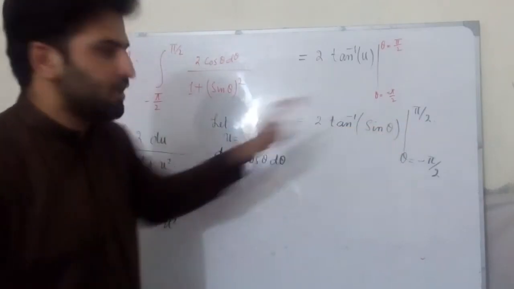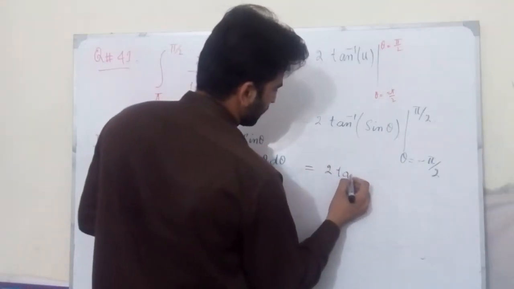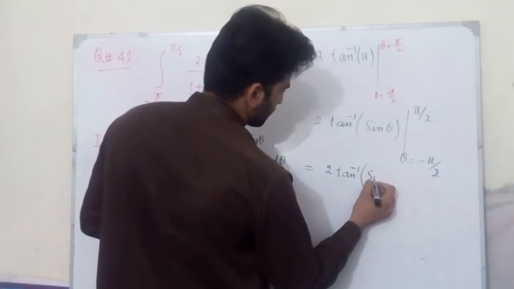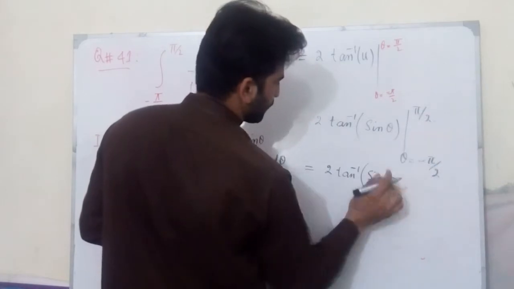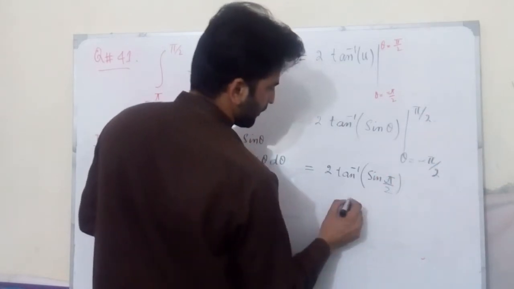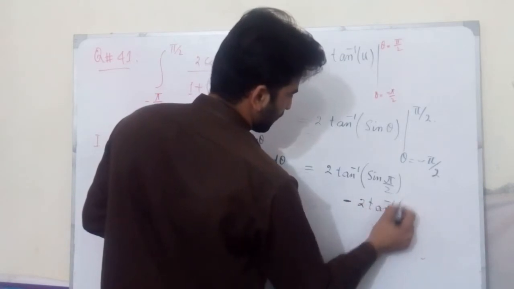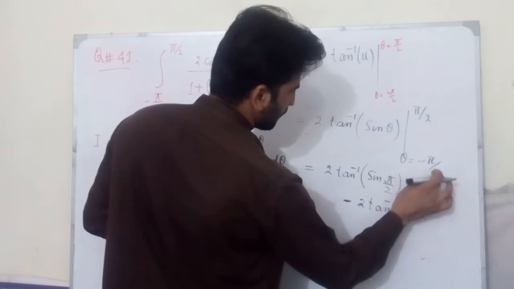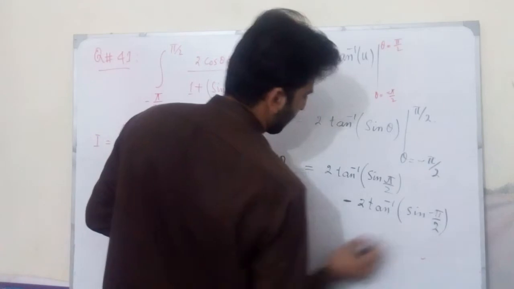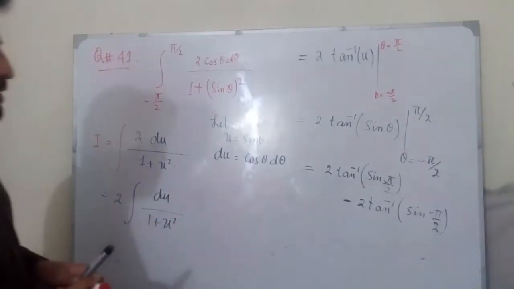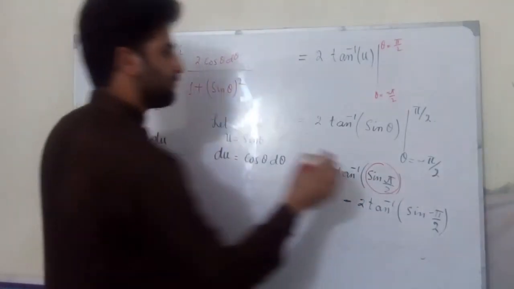So first put pi by 2: 2 tangent inverse of sine pi by 2. The upper limit is pi by 2, so put pi by 2, minus 2 tangent inverse of sine of the lower limit, minus pi by 2. Sine pi by 2 means sine 90 is 1.